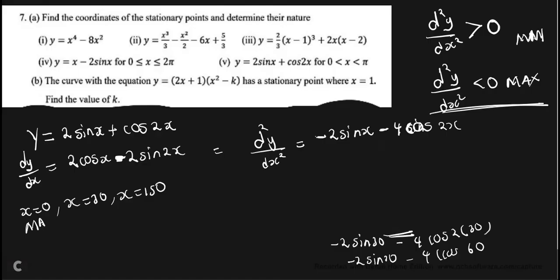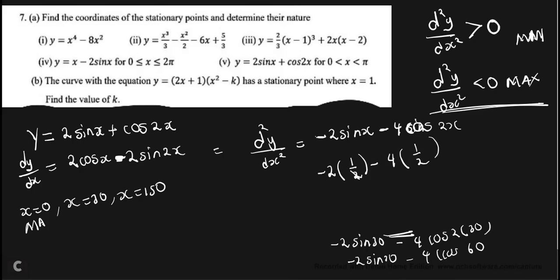You have something like negative 2 sine 30. What is sine 30? It's a half, 1 over 2. Then minus 4 cos 60, and cos 60 is again a half.